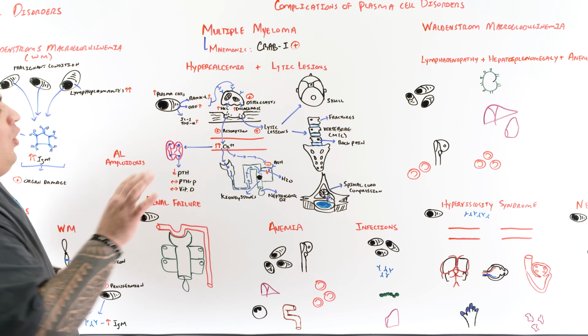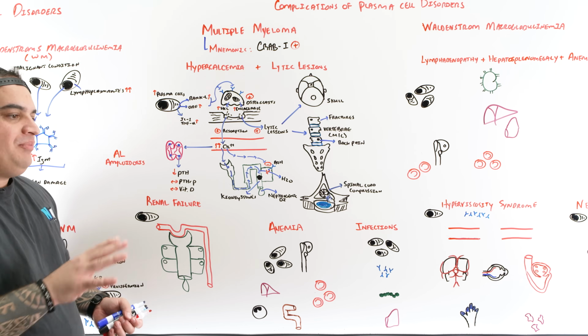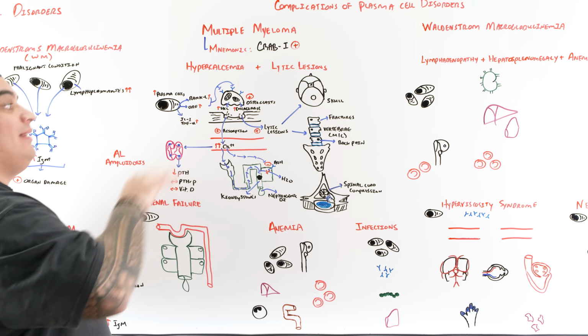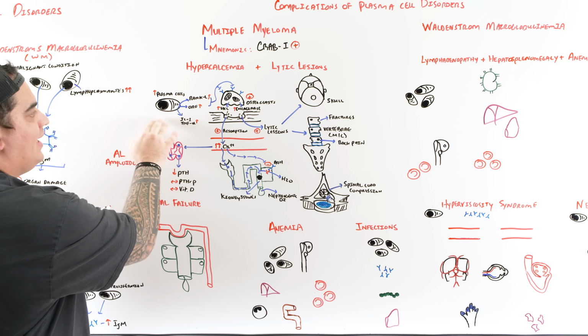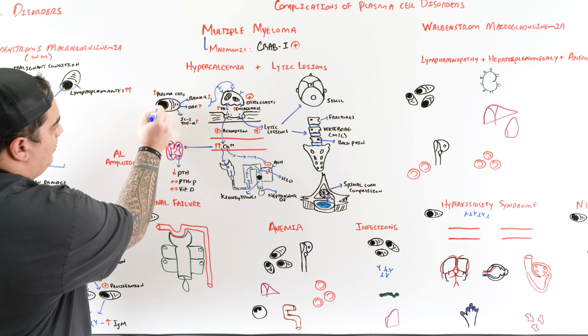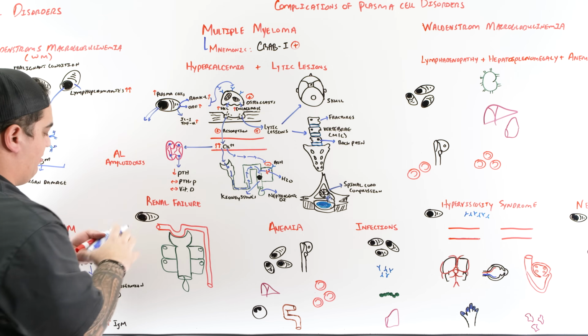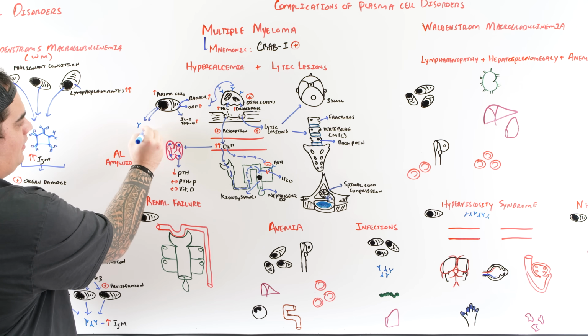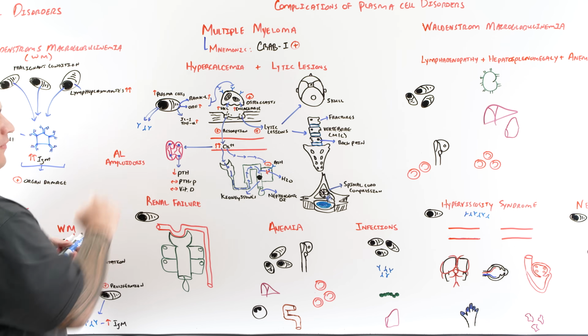Now, one other thing I want to talk about here, it's a small add-on, because we're going to talk about this more specifically when we get into amyloidosis, but there is a type of amyloidosis when these plasma cells make these antibodies, right? They make these different antibodies, and some of these can get misfolded.